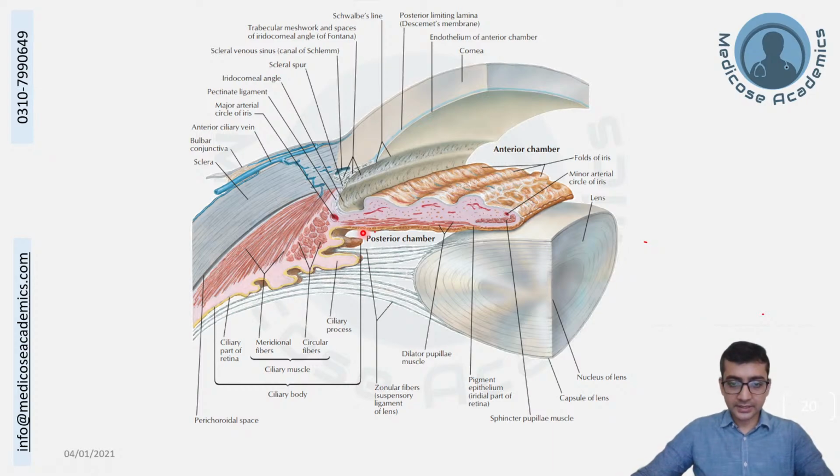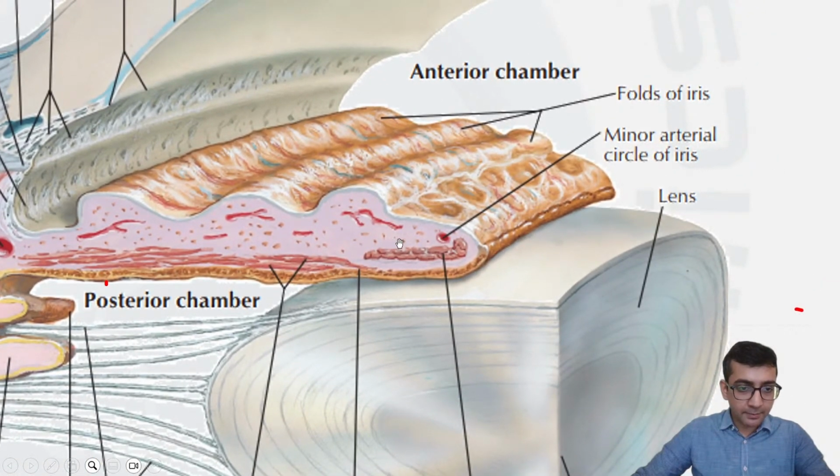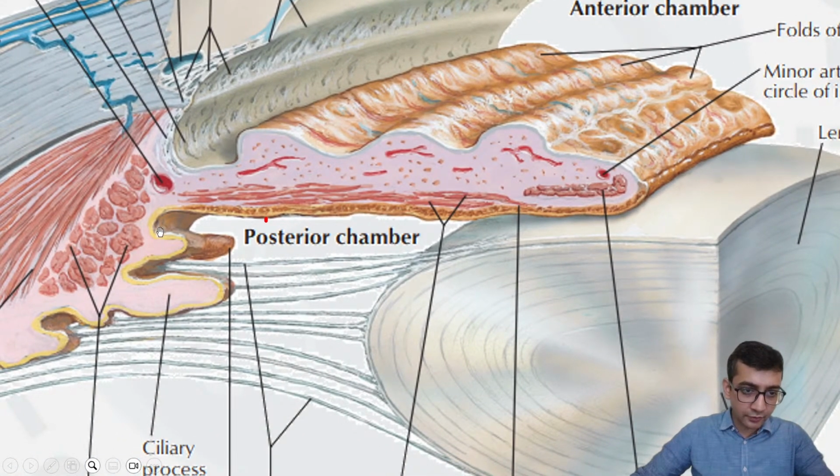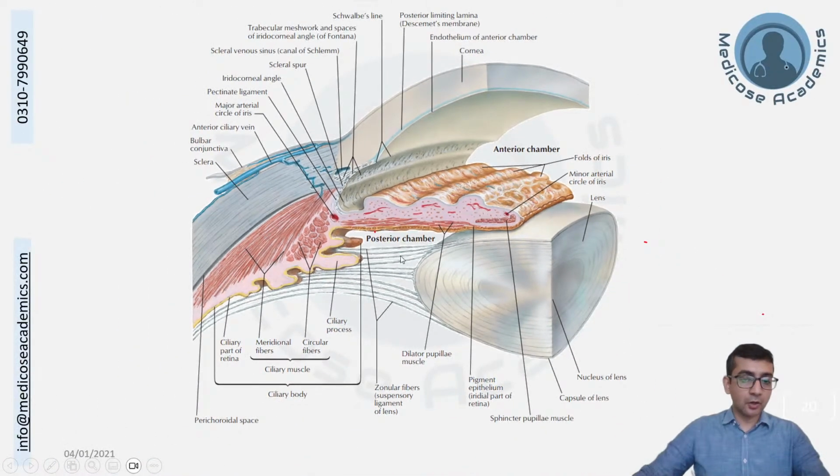Then we come to the iris. It is filled with connective tissue anteriorly and it has epithelium posteriorly. You might be able to get a hint of a yellow line moving on the back of it. This yellow line, this epithelium that was covering the ciliary processes and the back aspect of the iris, is the retina extension.